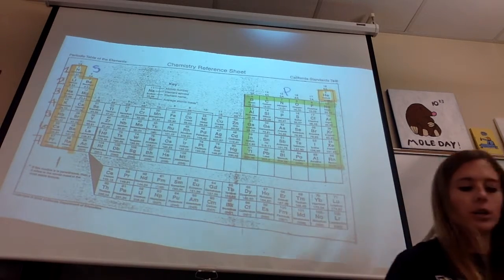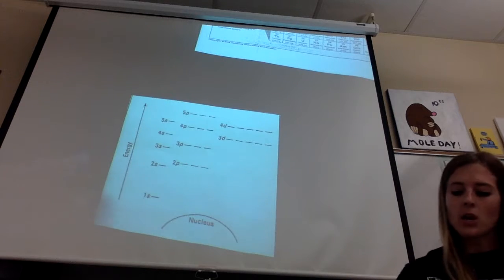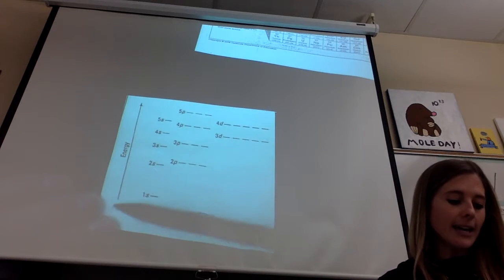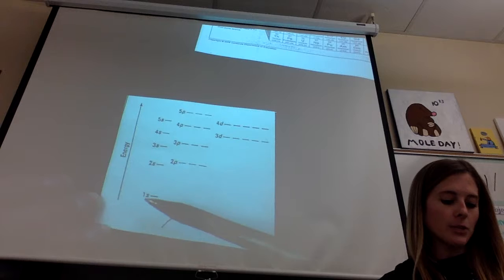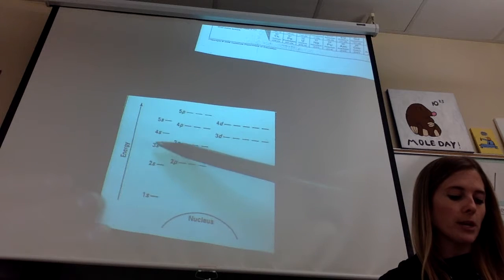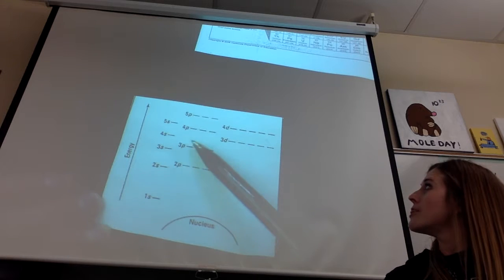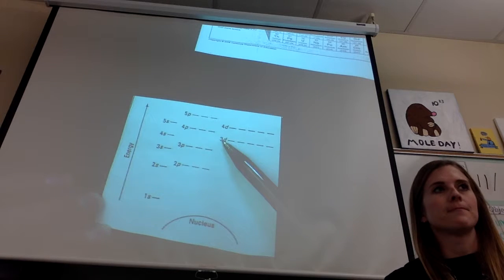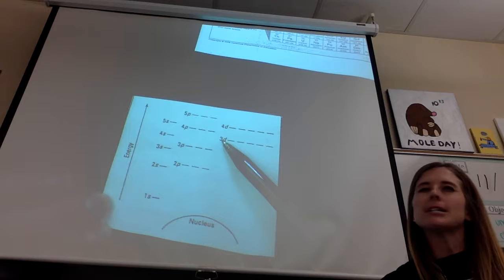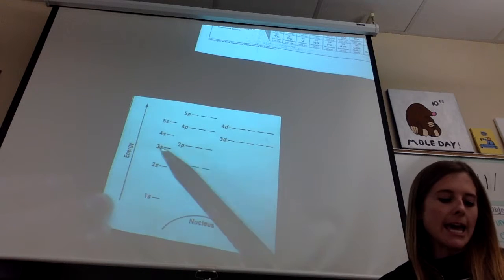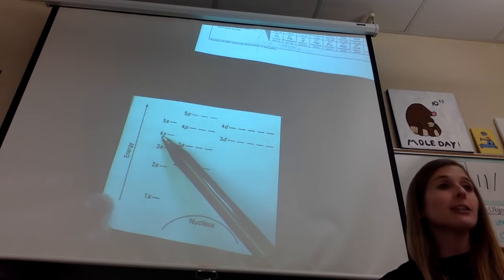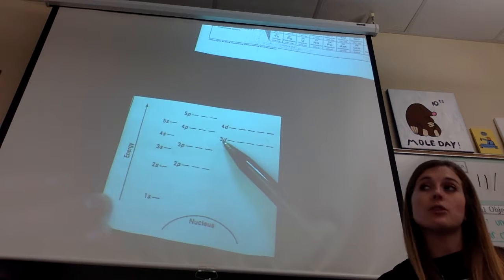If you take a look back at this diagram, what you can see is it's again increasing in energy. And what you see is 1s, 2s, 2p, 3s, 3p, 4s, and then 3d. So it starts to get a little bit jumbled, and 4s is technically lower in energy than 3d.